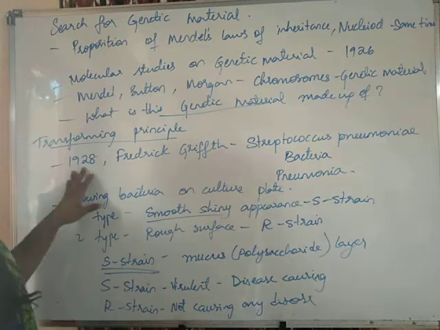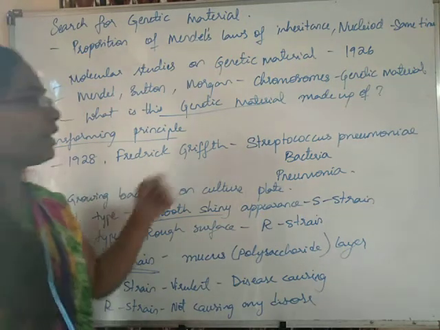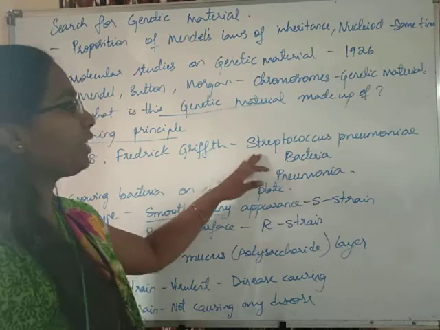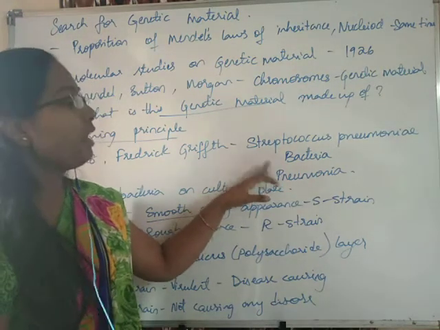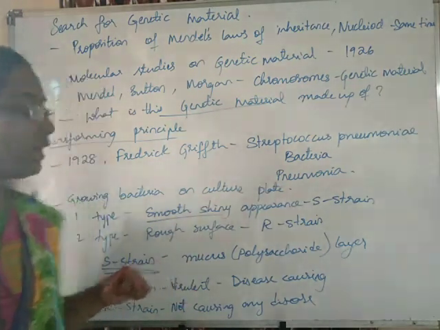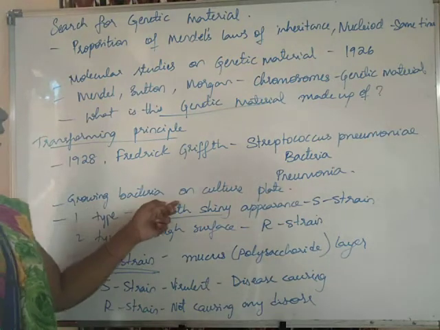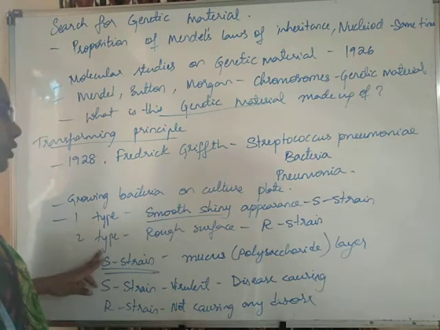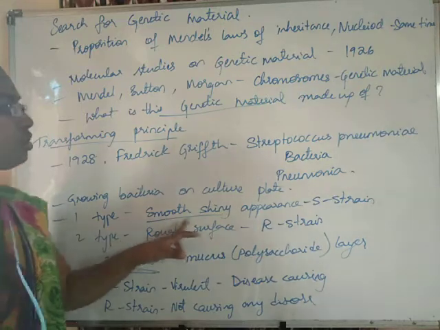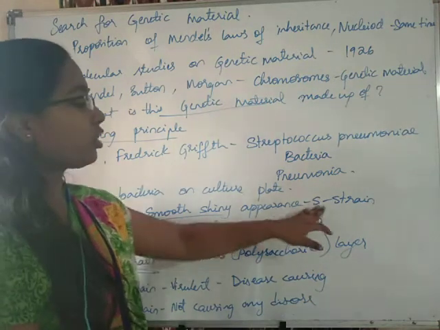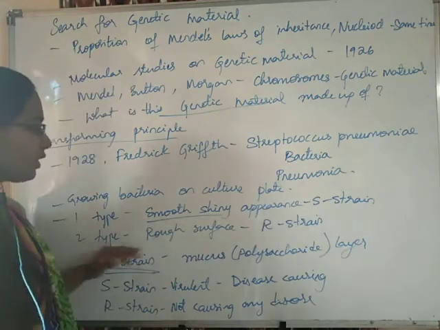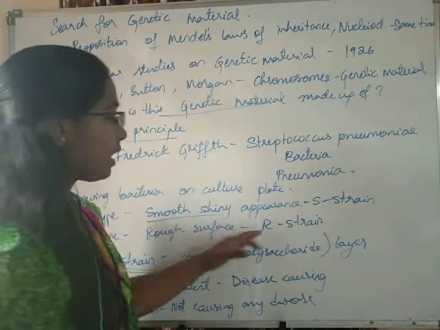So, in 1928, Frederick Griffith was working with Streptococcus pneumoniae, which causes pneumonia. He was growing the bacteria on a culture plate and observed two types of strains. The first type with a smooth shiny surface was called S strain, the second type with a rough surface was called R strain.